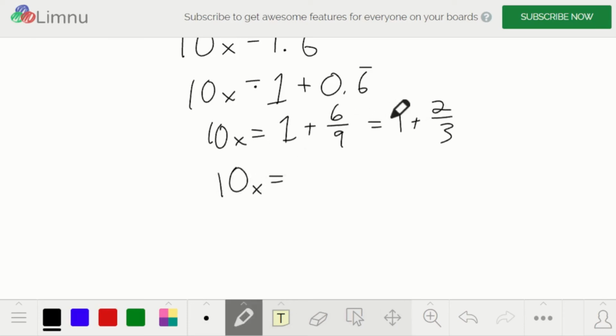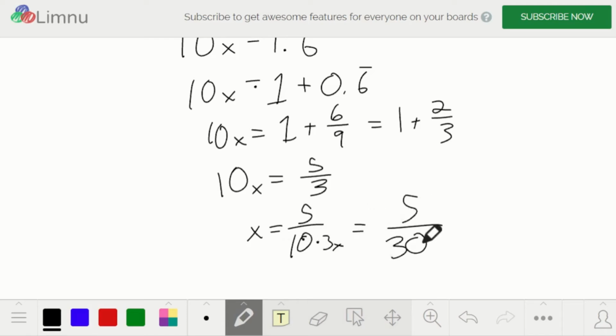If we combine our like terms on the right, or combine these into an improper fraction, 1 times 3 is 3 plus 2, we get a 5 over 3. So now our 10 times x, our 1.6 repeating, is the same as 5 over 3. Which means x itself is what we get when we divide both sides by 10.